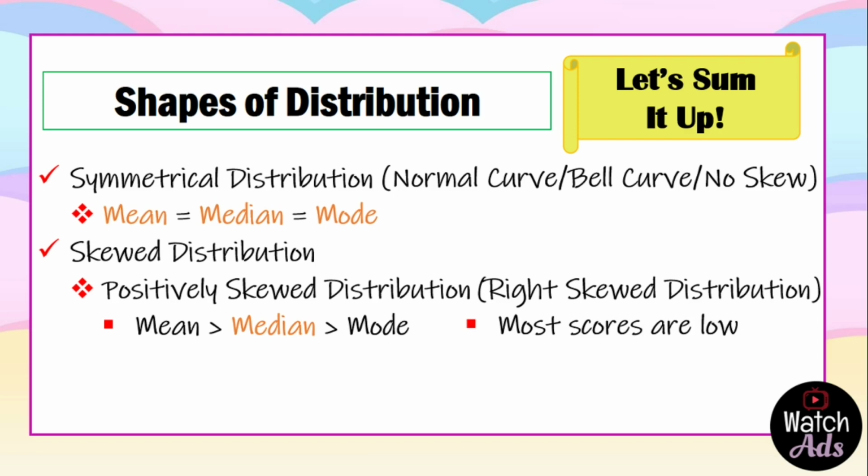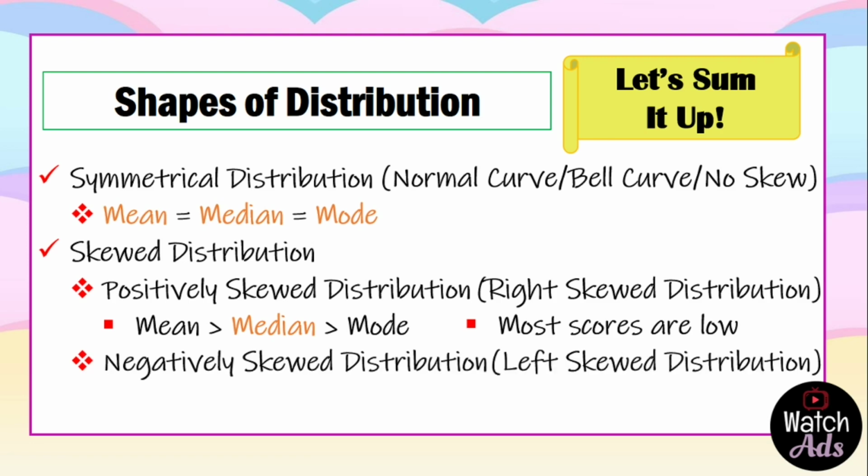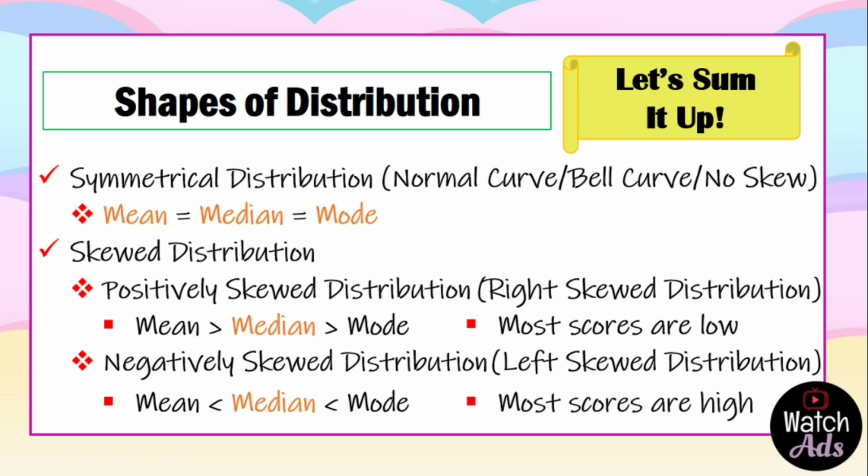Remember, in a positively skewed distribution, most scores are low. For a negatively skewed distribution, which is also called left skewed, we still use the median as a measure of central tendency, and remember that in this case, most scores are high.